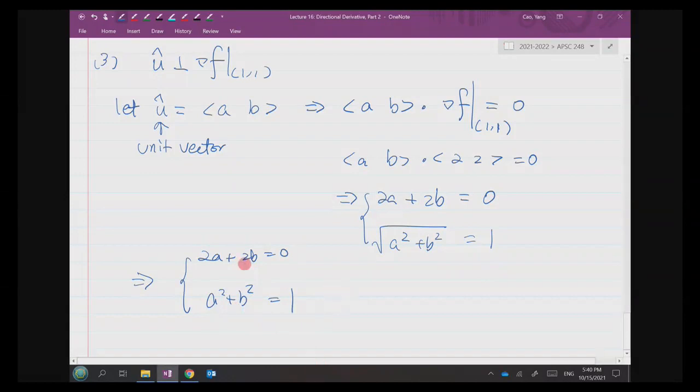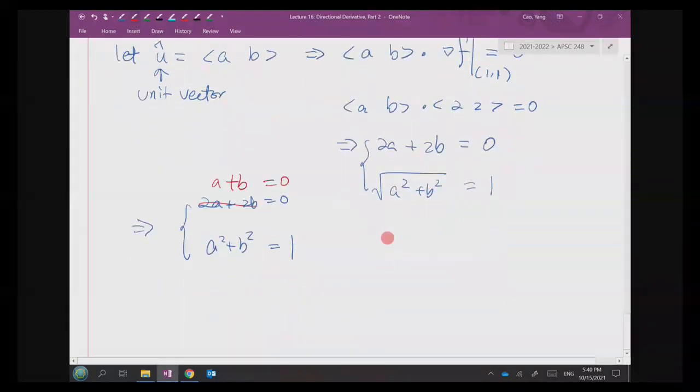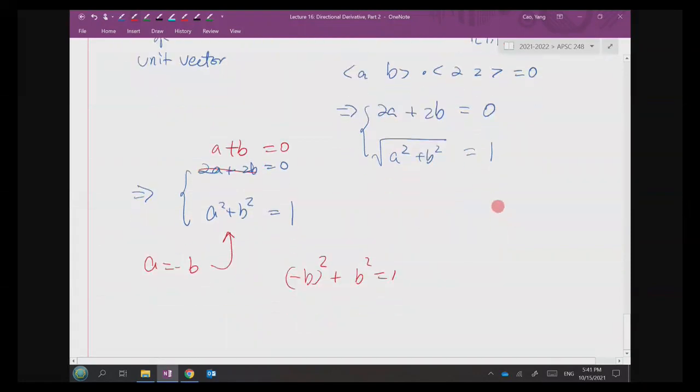The first one can be simplified to just a + b equal to 0, since you can get rid of the 2. So you can use substitution. Let a equal negative b, then substitute into the second equation. So you get negative b squared plus b squared equal to 1, so that you get 2b squared equal to 1.